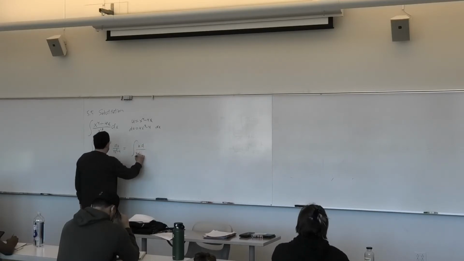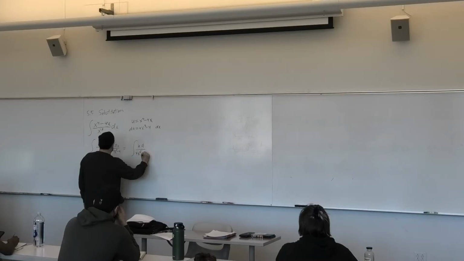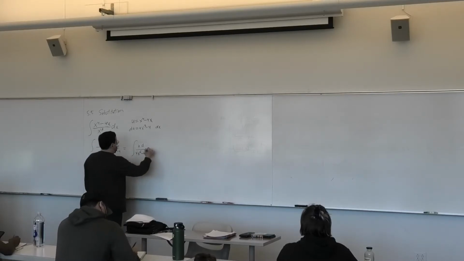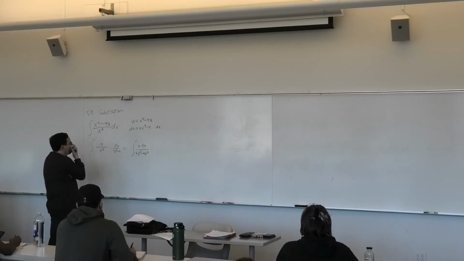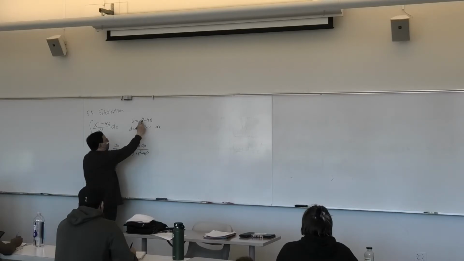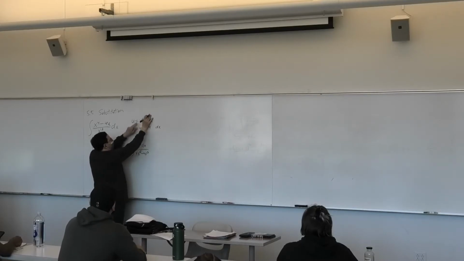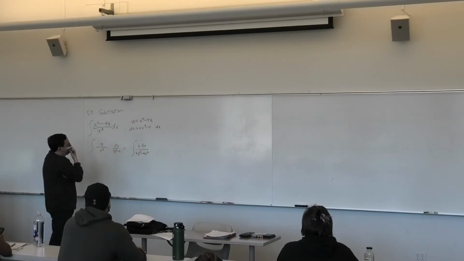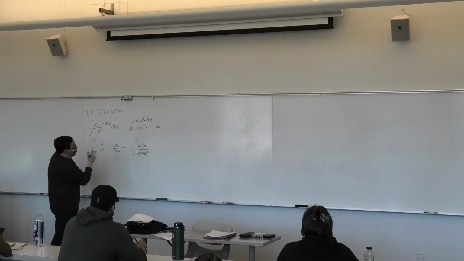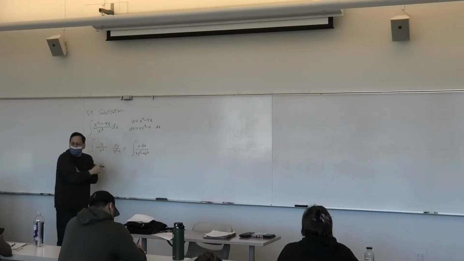That'd be 4x to the 6 minus 4x cubed. If only I didn't have this, then I could find x and then plug it in. Then that would make this look kind of ugly.